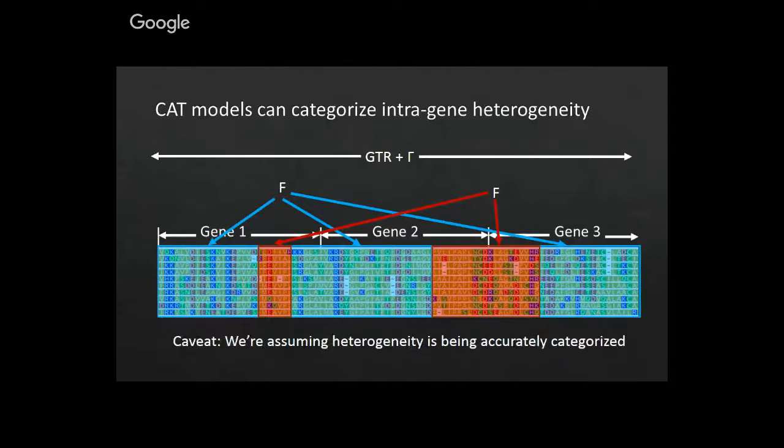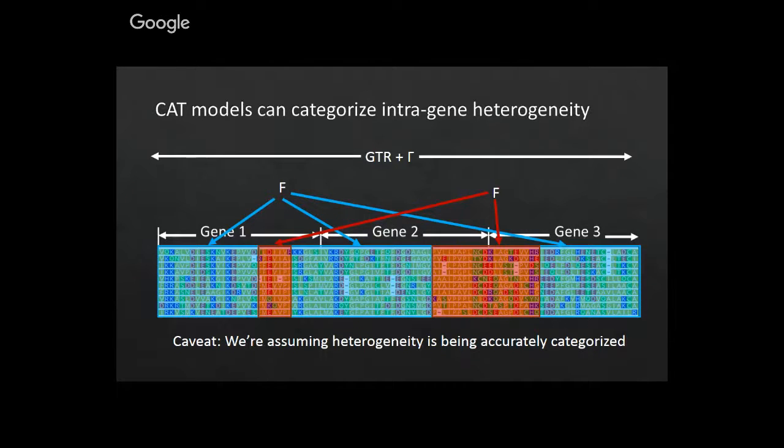But this comes with a major caveat. Just because a model is site heterogeneous doesn't by itself mean that, as implemented, it's modeling that site heterogeneity well. If a site heterogeneous model isn't actually modeling the heterogeneity well, even if it can see within genes, that doesn't make it any better than partitioning necessarily.